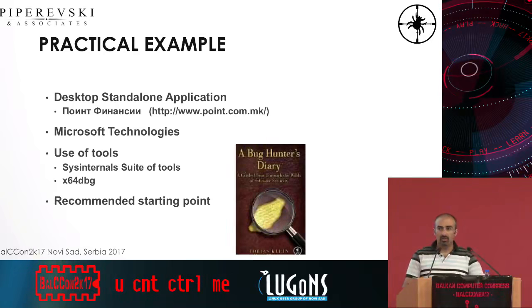In the practical example that I will show, we will use a desktop standalone application, which is Point Financials. A Macedonian company has developed this application. It's a desktop standalone application for the Windows operating system, and it uses Microsoft technologies. We will use the Sysinternals suite of tools, which is free from Microsoft, to identify sensitive data and possible weaknesses and vulnerabilities, and x64dbg, the open source, free debugger that is really powerful.